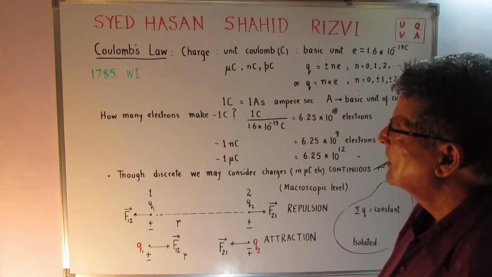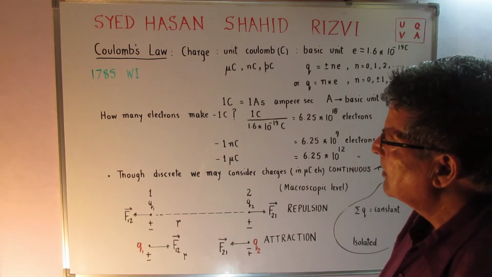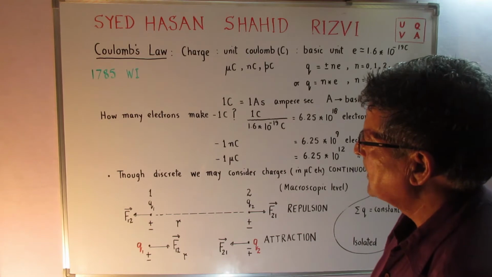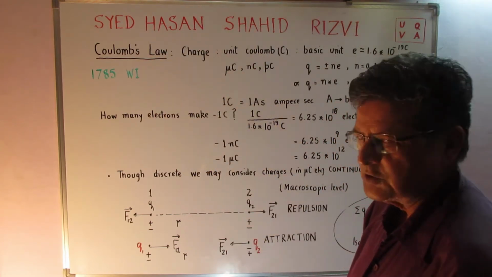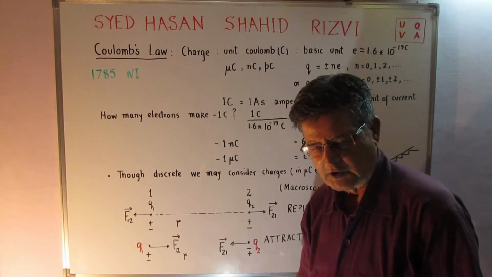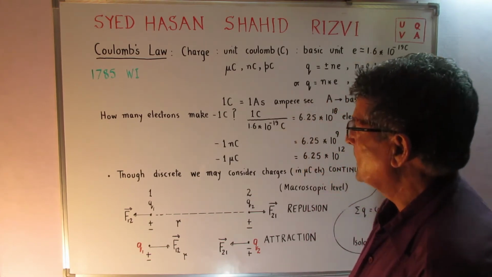Coulomb was an engineer in the West Indies, just like Lara and others, the same place.